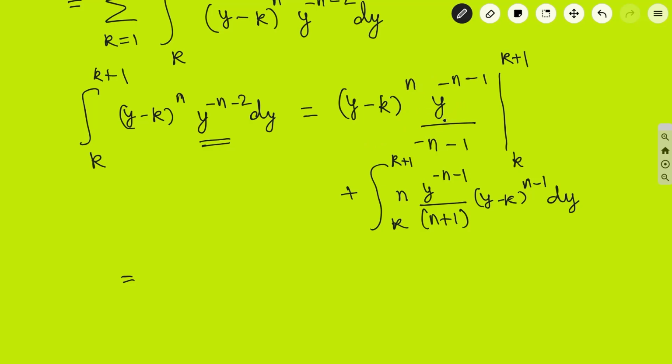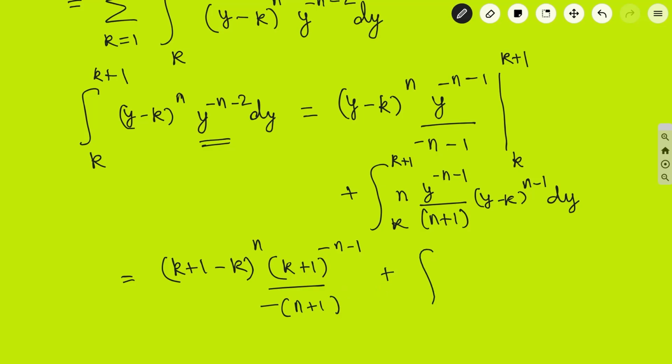When you evaluate the limits, you see that when you plug in y equal to k, this whole term will become 0. So only k plus 1 will yield a non-zero number here. When you put k plus 1 here, this is (k plus 1 minus k) to the power n, so (k plus 1) to the power minus n minus 1 divided by minus n plus 1, and plus the integral from k to k plus 1.